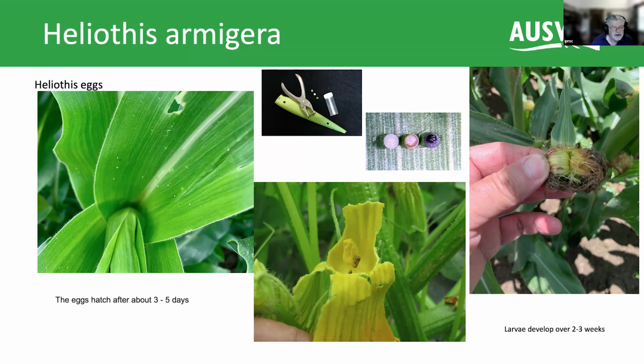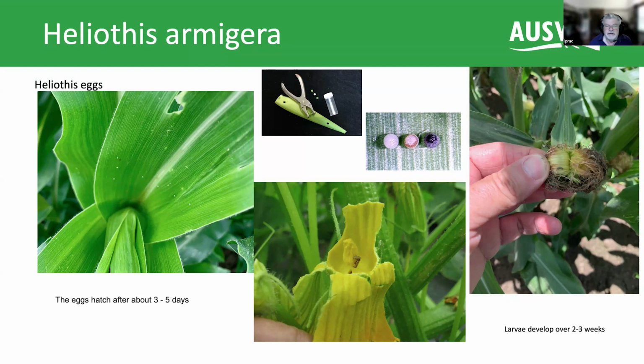Their eggs change color again as they develop, taking about 3 to 5 days in warm weather to develop. You can see the 3 in a row there at the top. They start off white, then start to get a darker tinge to them. And then at the end, they have a black dot in the center, which is basically the head of the developing caterpillar inside.